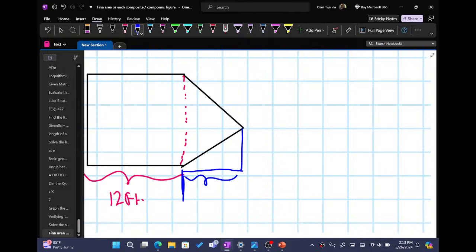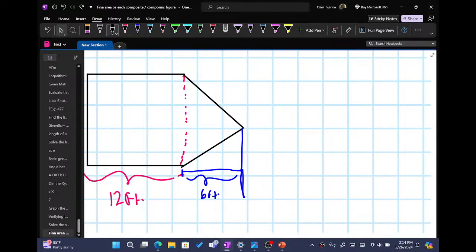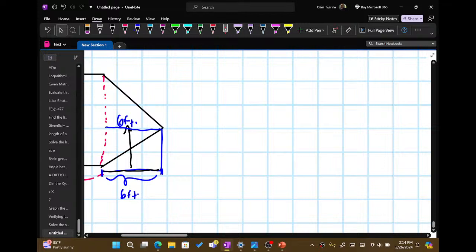I don't want to draw these 2 lines because I feel like that's going to confuse. But we can clearly see that that is going to be the height of the triangle up here, because it's the same kind of height, right? We can say that the height of the triangle is 6 feet.